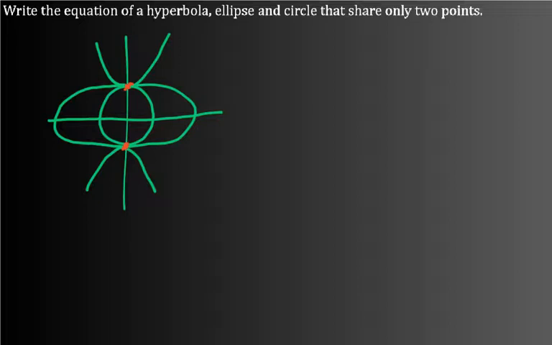And let's actually color code this. I'm going to do my circle in blue. So I need some circle centered at the origin, which I can do with x squared plus y squared equals 1, the unit circle, right? If I want my ellipse, let's do it in white.